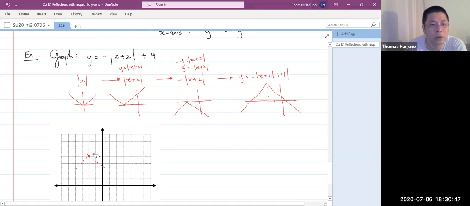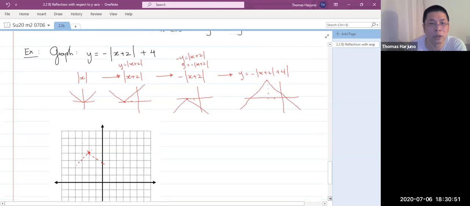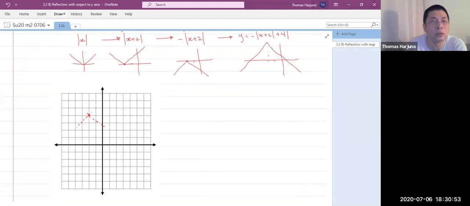Okay. So the better picture now becomes... That's the vertex. Pin this. Okay.